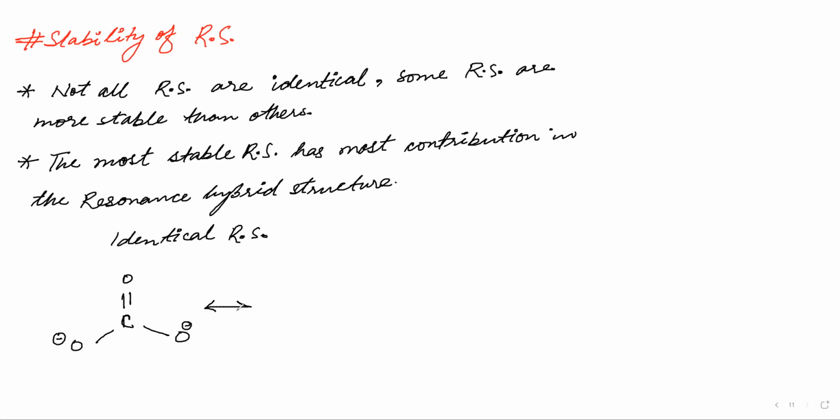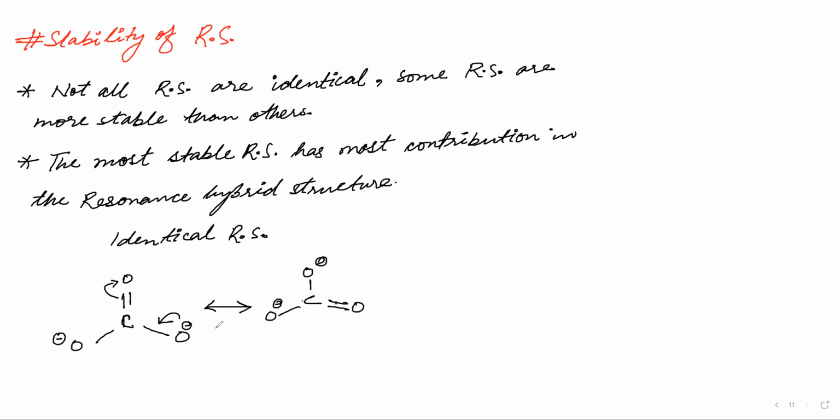If I make another resonating structure, it will be like this: carbon with a single bond to O negative, a double bond here, a double bond here, and a single bond here to O negative.